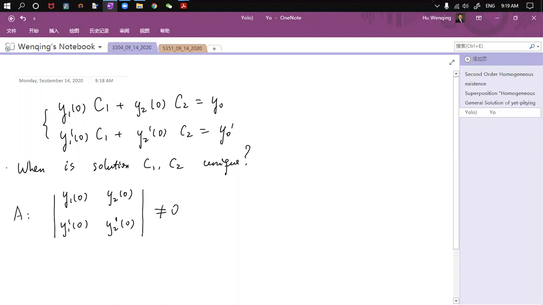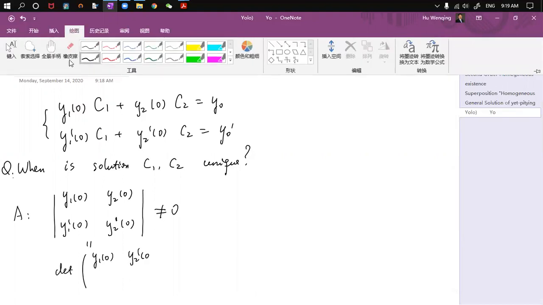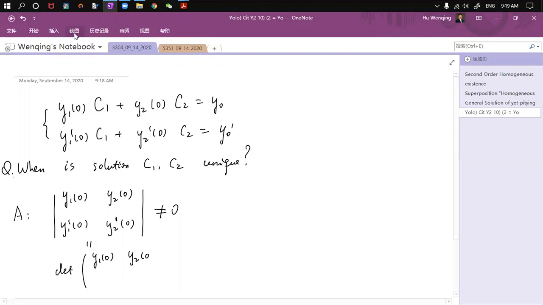So let's look at this determinant, the determinant of the coefficient matrix with y1 of 0, y2 of 0 on the first line, and y1 prime of 0 and y2 prime of 0 on the second. This is what we call the coefficient matrix.